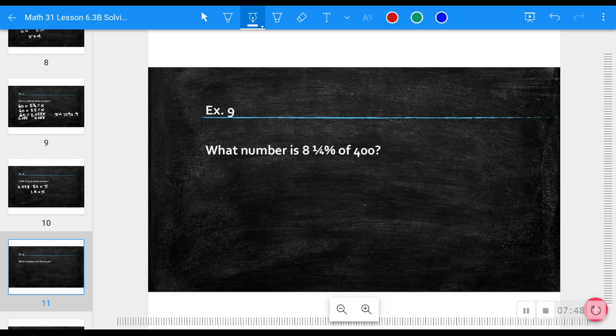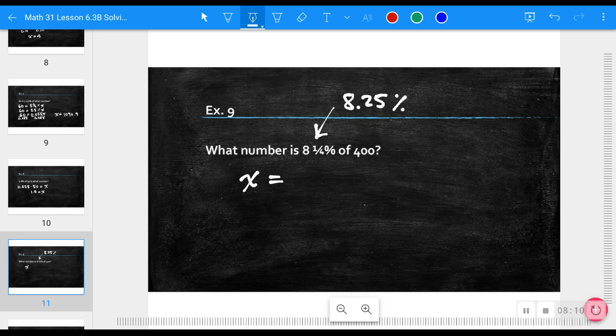Okay, example 9, we'll have this one and one more. 8.25%. Since 8.25 is 8.25, you can think of that as 8.25%, and moving the decimal to the left 2 places is what we'll be doing. Okay, what number? There's your unknown.